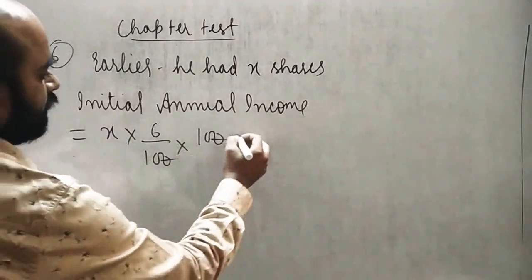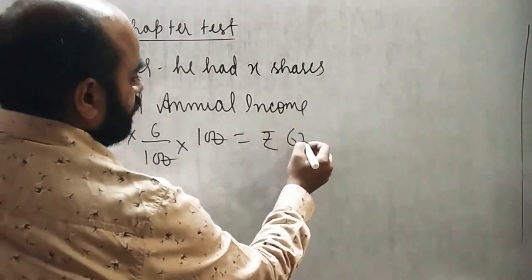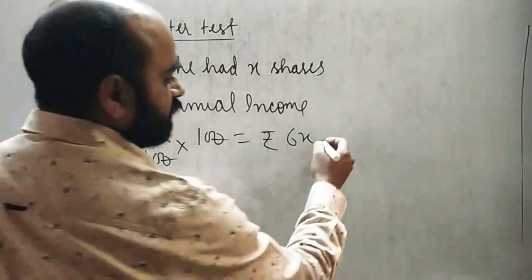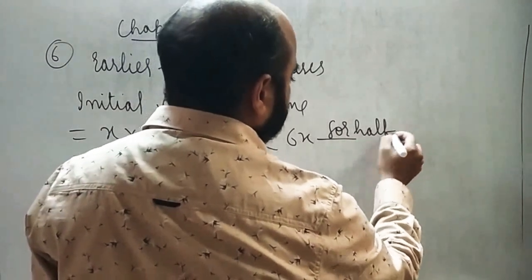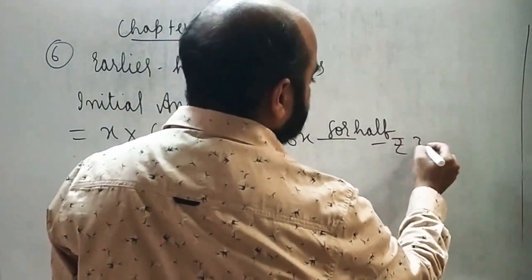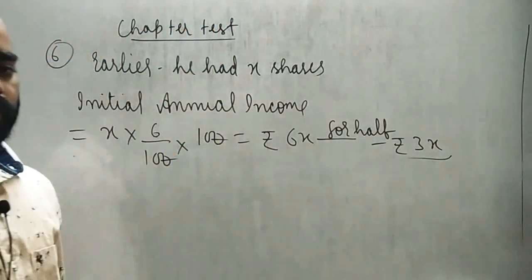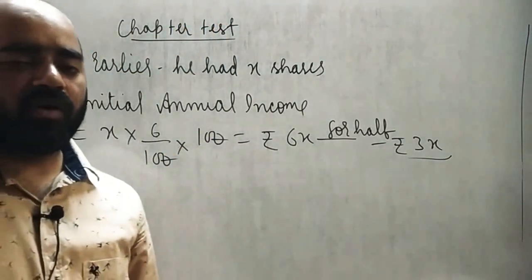So initially the income is 6x. For half of the shares, the income will be ₹3x, correct? You can take total income as 6x or half of the income.